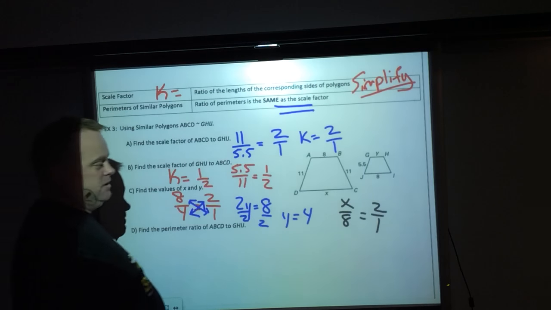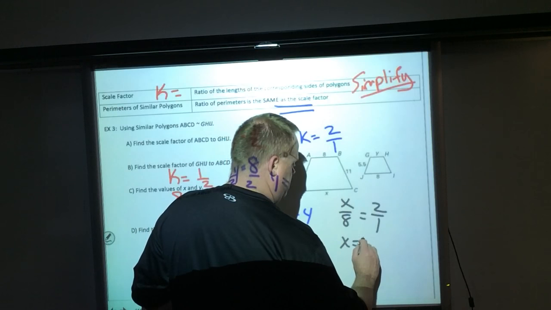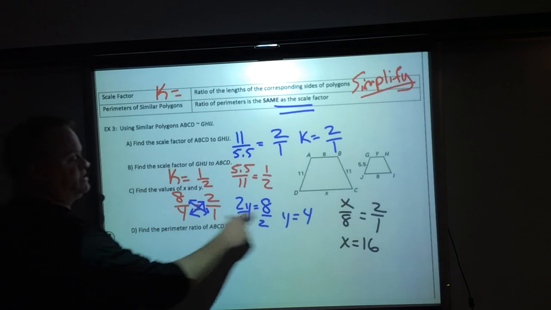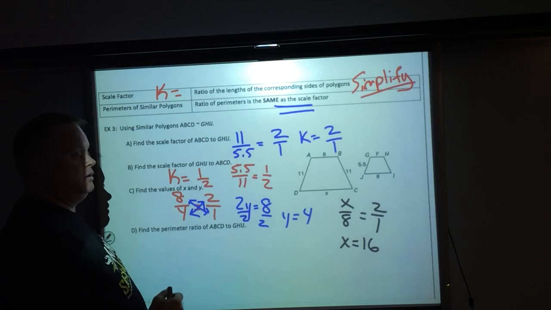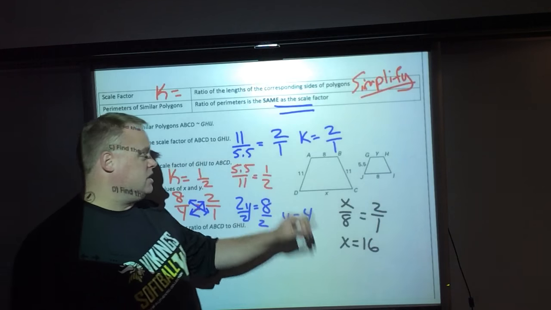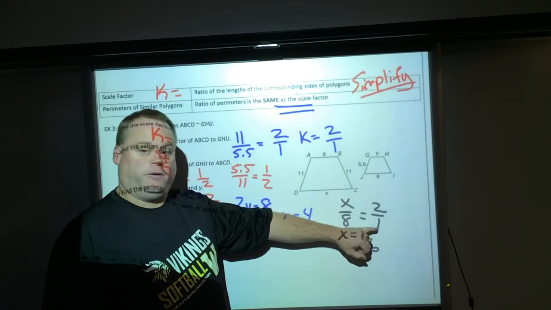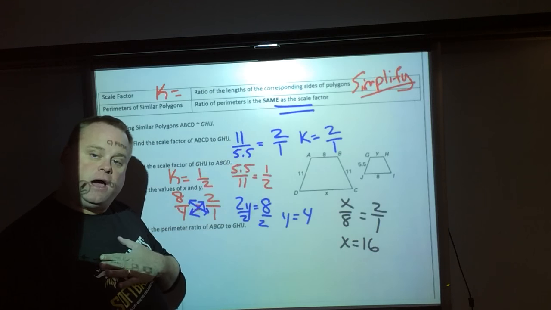When I cross multiply, x equals 16. Have I found the values of x and y? I have. I've used my scale factor as part of it. I could have done x over 8 is to 11 over 5.5, but I'd already figured that out up here.